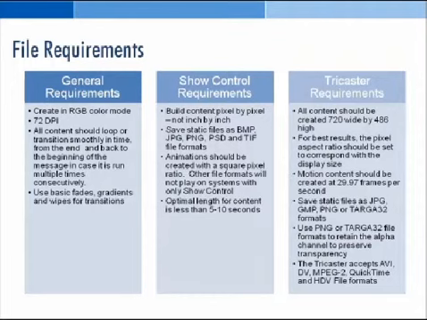Moving on to your TriCaster requirements, all of that content should be created at the size of that playback source. In the case of a standard definition TriCaster, content should be created at 720 pixels wide by 486 high. Motion content for a TriCaster should be created at 29.97 frames per second.